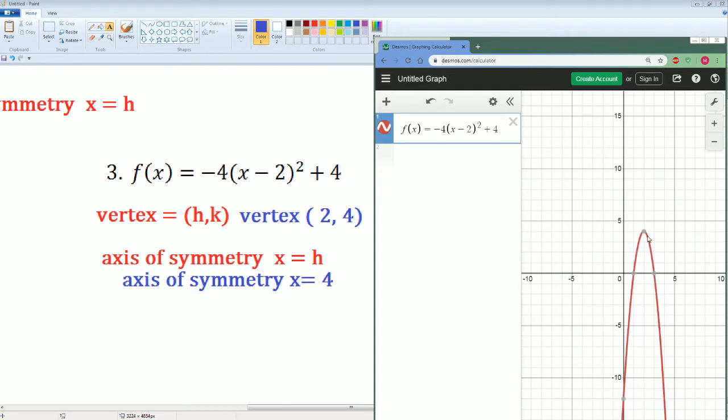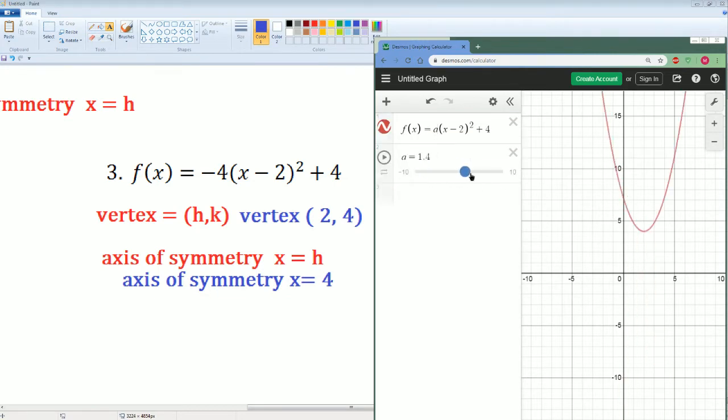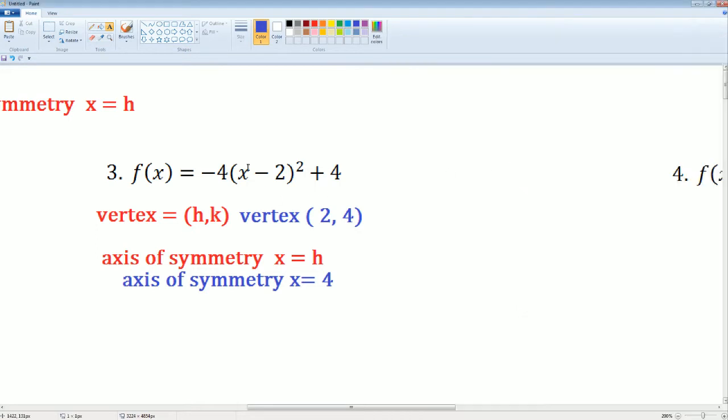See, the vertex is still 2, 4. Nothing happens, right? The negative 4 doesn't do anything. That a in front doesn't do anything to the vertex, you see? The vertex stays the same. Everything else changes, look.